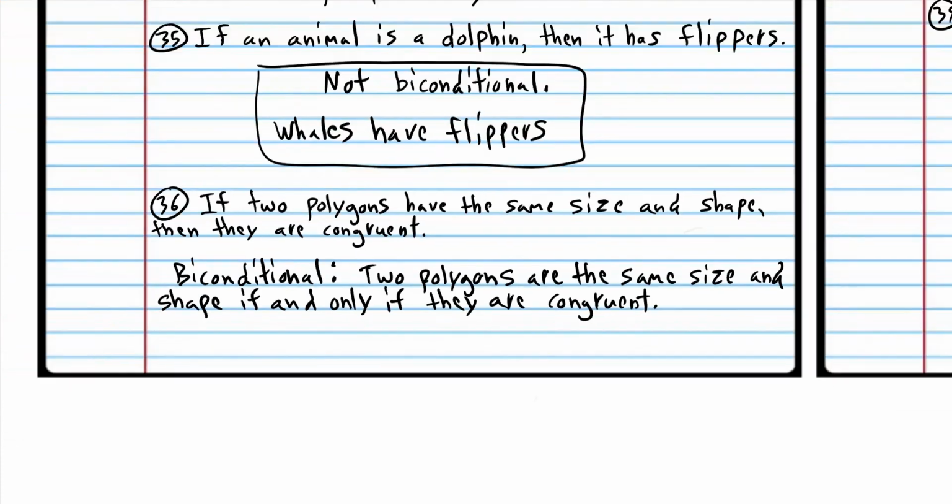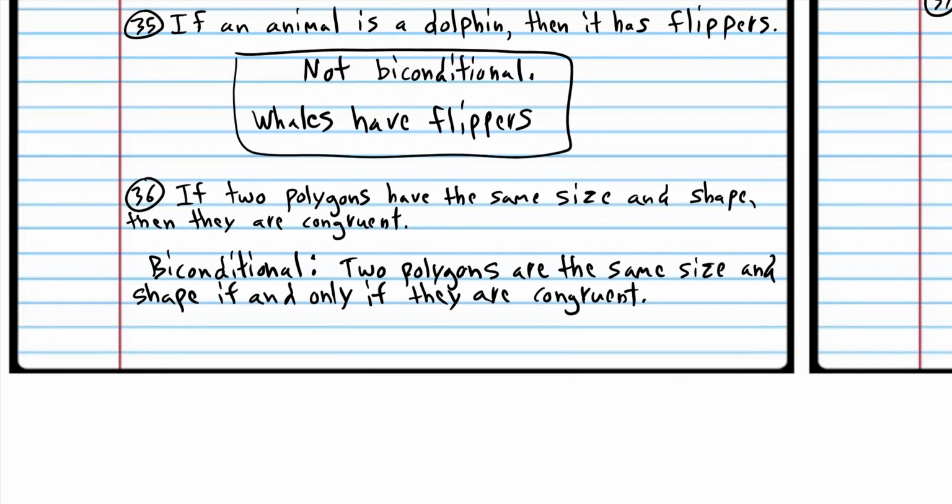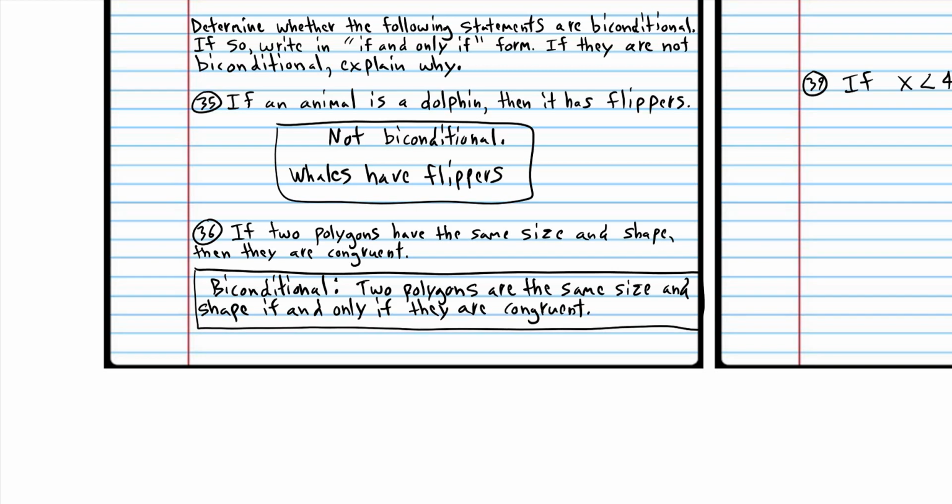And you can say it the other way too. You can say two polygons are congruent if and only if they have the same size and shape. It's the same thing. All right, so if you got that answer, good job.